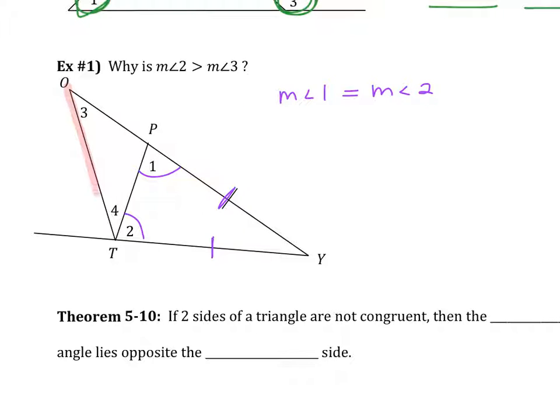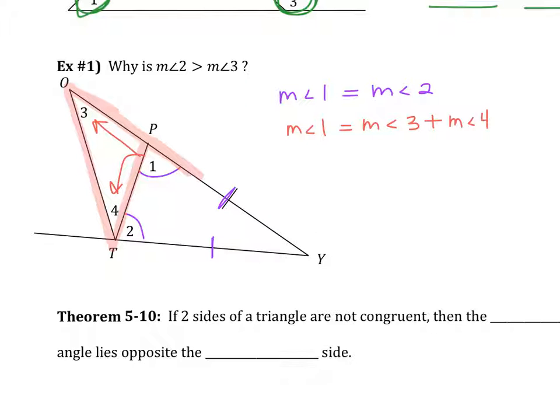I'm going to highlight a triangle for you and see if it helps you see what I'm looking for. So angle 1 is an exterior angle with the remote interiors of 3 and 4. So we know the measure of angle 1 equals the measure of angle 3 plus the measure of angle 4.